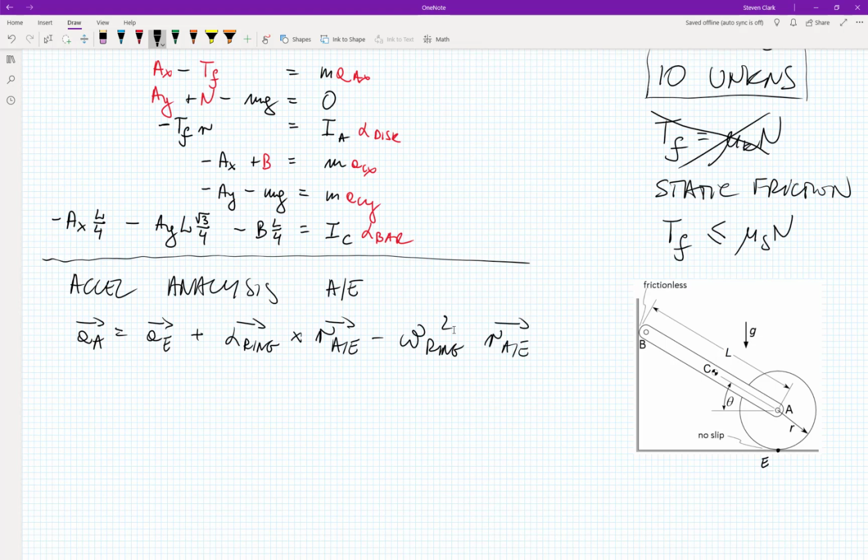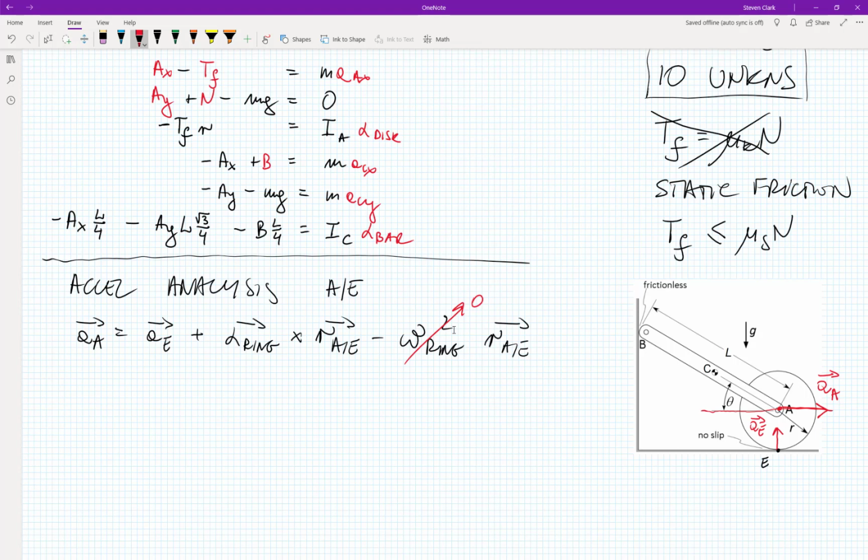However, the system starts at rest, which is great news because we can get rid of this component. Okay, so I think that we know that our trajectory of point A is this. So our AA is this vector. And also we said in the past that acceleration of point E can only have this component because there is no slip at point E. So this AE.